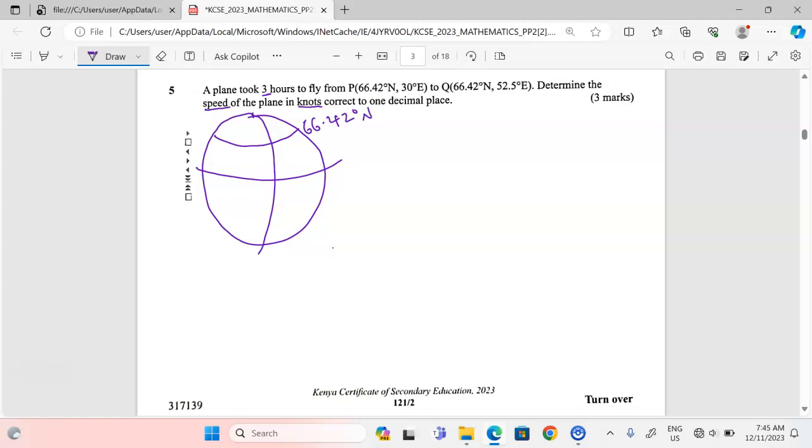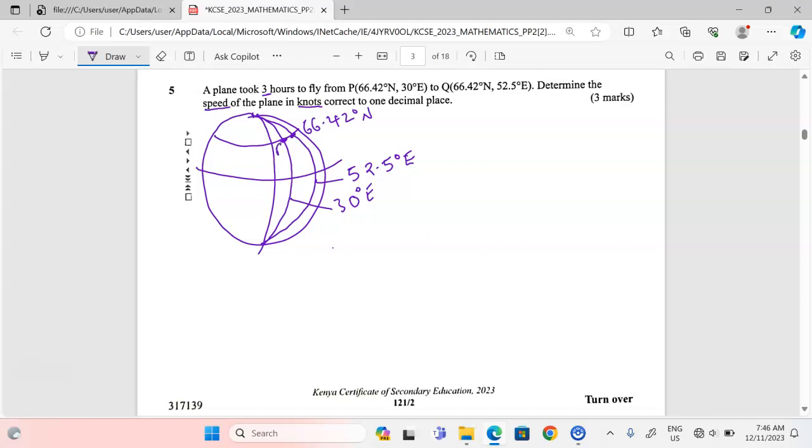Then one place is 30 degrees to the east, and the other place is 52.5 degrees, still to the east. So this is P and this is Q respectively.